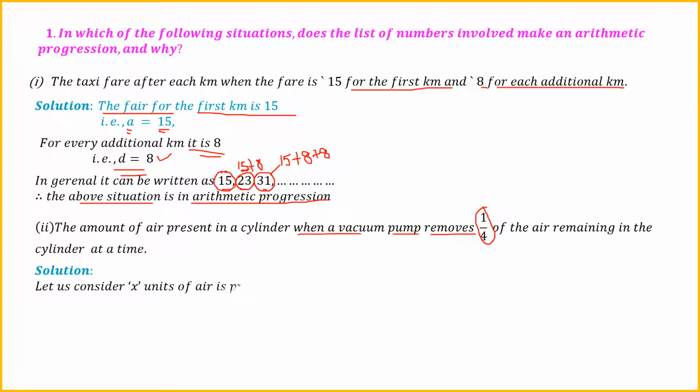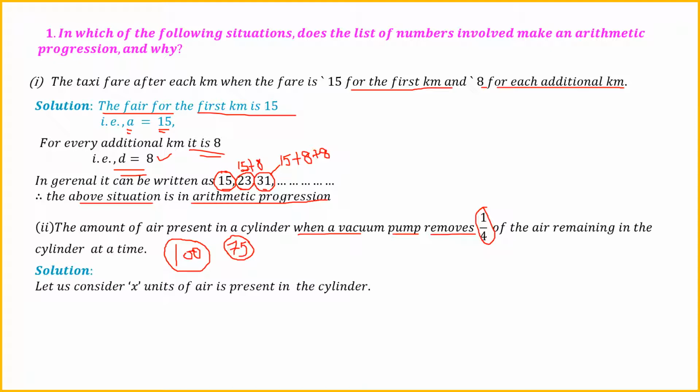Let's consider 100 units of air in a cylinder. When one-fourth of it is removed, 75 units remain. And if you remove one-fourth of 75, it will never be equal to one-fourth of 100.